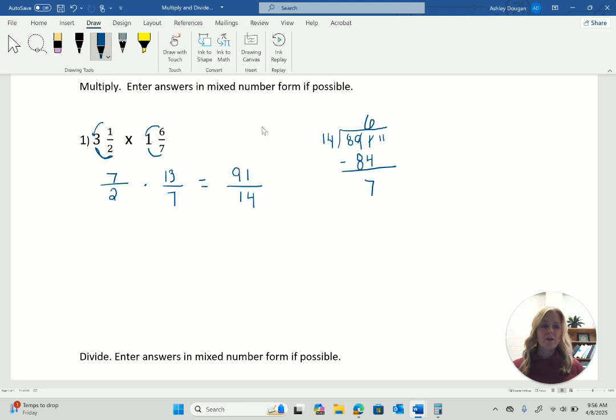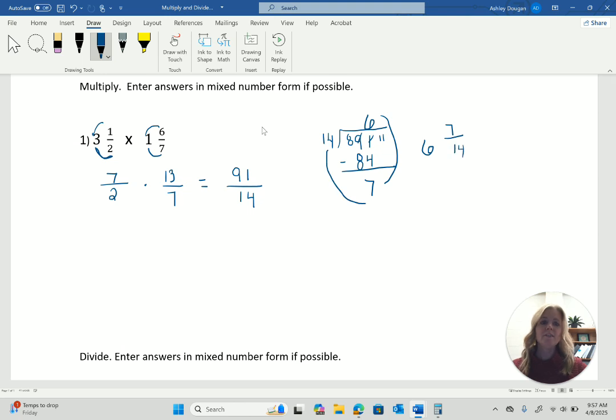To write our final answer to go from our long division to a mixed number, this is our whole number because it went 6 whole times. 7 is our numerator and 14 is our denominator.